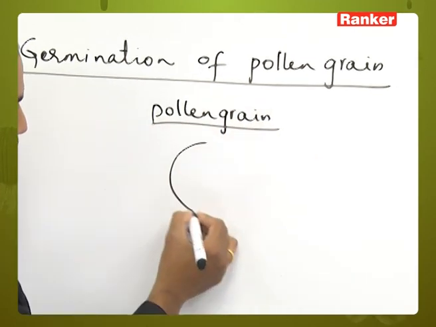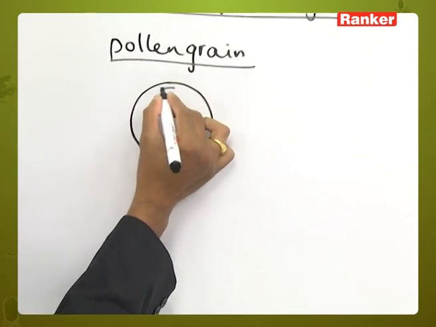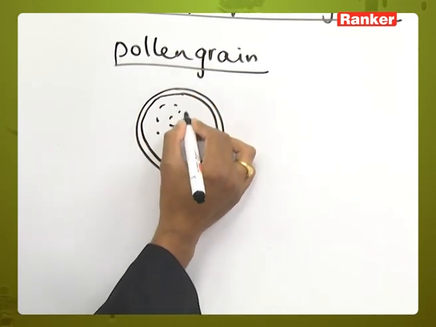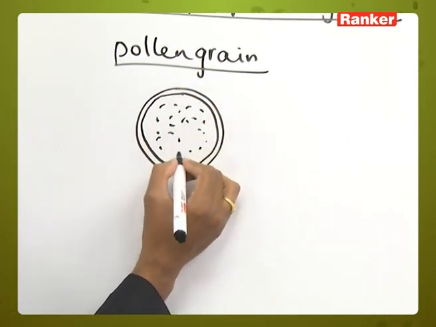as we know, the pollen grain is nearly spherical in structure, which contains cytoplasm along with the haploid nucleus in it.